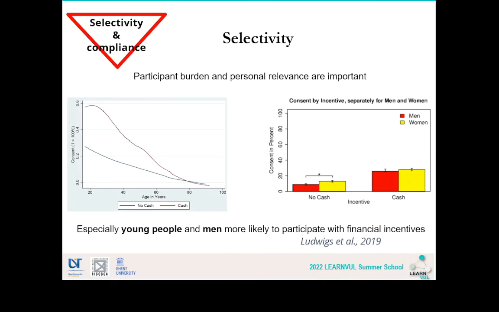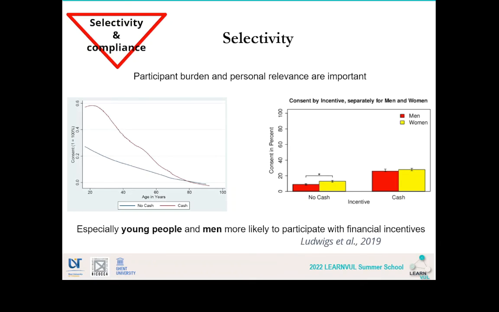Selectivity: when you're asking people to participate in a longitudinal study, you get only the motivated people. Okay. And so that's a problem. And this is also the impact of the incentive.